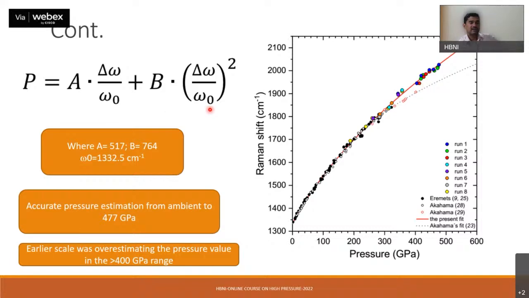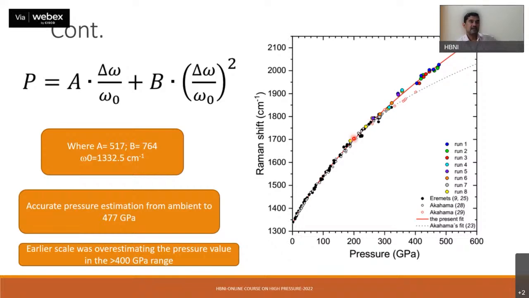So they have fitted a quadratic equation in delta omega by omega 0 and determined the parameter values, like the A parameter as 517 and B as 764. So they say that you can determine accurate pressure from almost ambient conditions up to 477 GPa using this pressure scale. In that sense, they are saying that diamond anvil Raman can work as a universal pressure scale for all kinds of experiments.